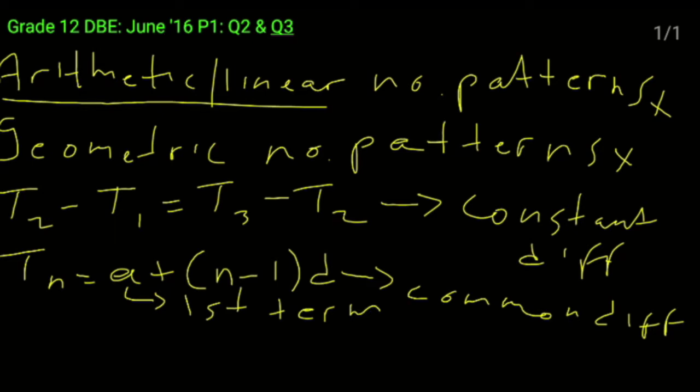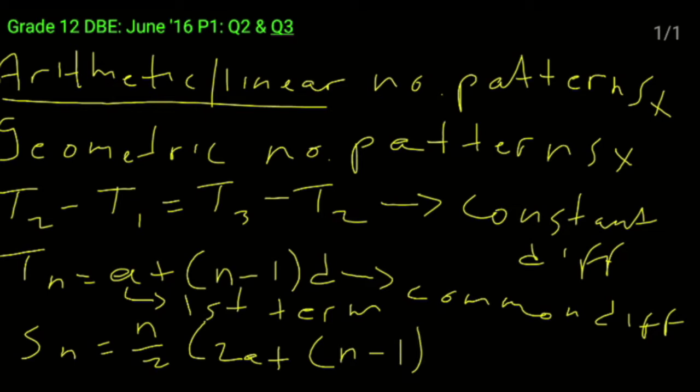And the last equation in arithmetic number patterns is the sum formula, which is Sn equals n over 2 bracket 2a plus open bracket n minus 1 close bracket d. Sorry guys. Now this is the sum formula.